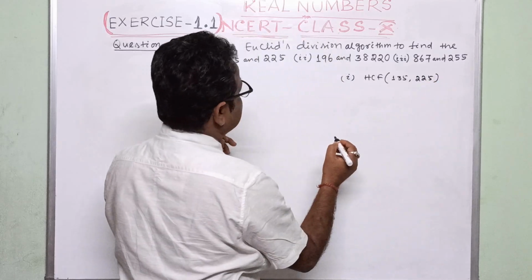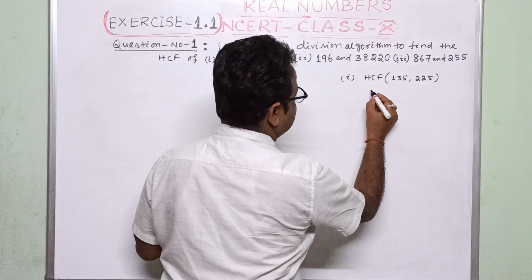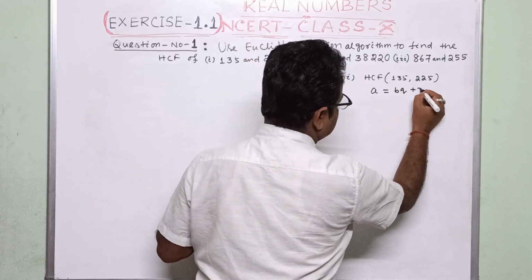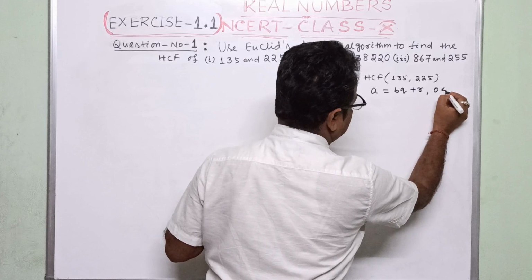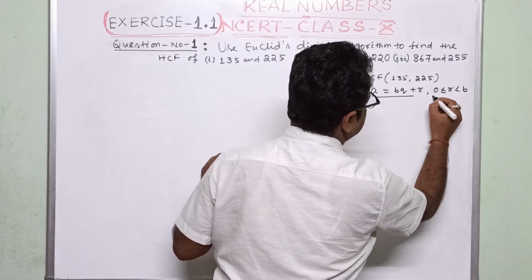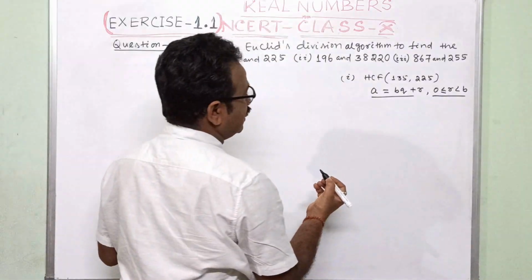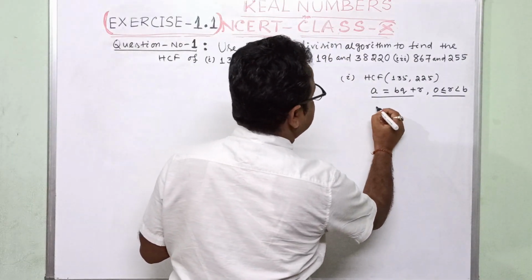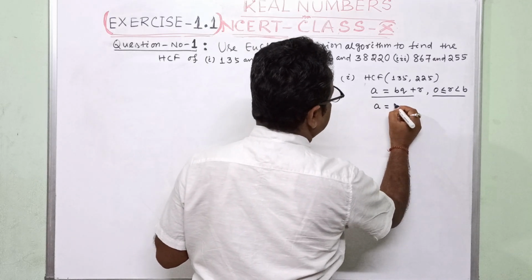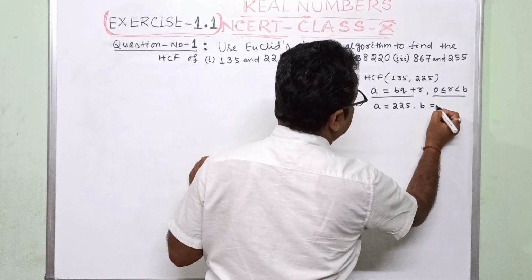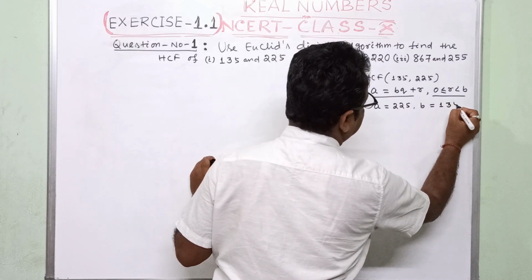Euclid's division algorithm tells us that a = bq + r, where 0 ≤ r < b. This is Euclid's division lemma. Here a = 225 and b = 135.